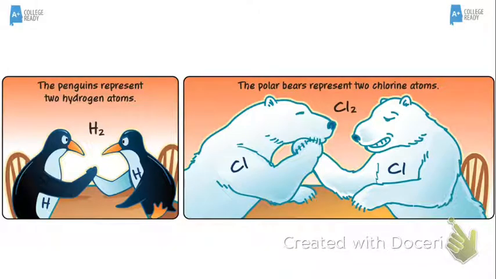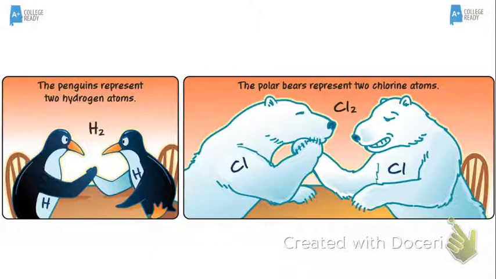So these polar bears and penguins are a perfect example of what's going on when we have these nonpolar molecules. So the penguins are both equally strong with each other. So when they arm wrestle, neither one of them is going to win. And that's the same thing that's going on with the two polar bears, which are represented by chlorine.